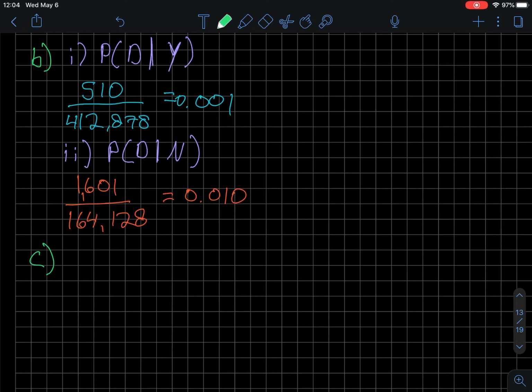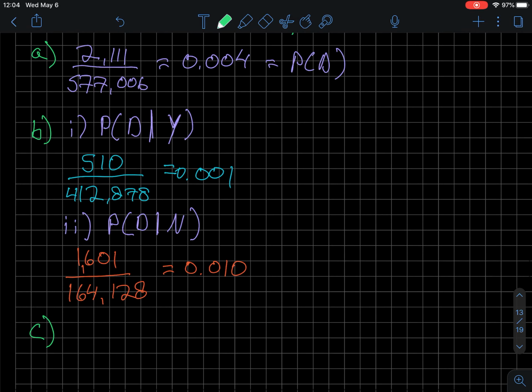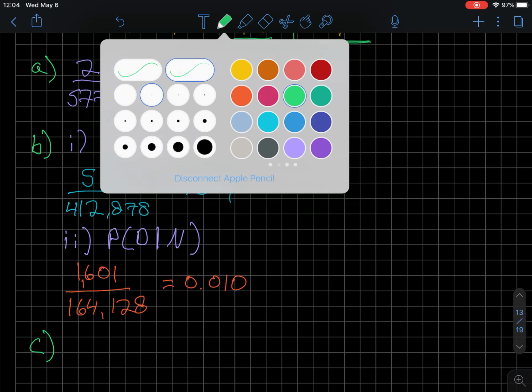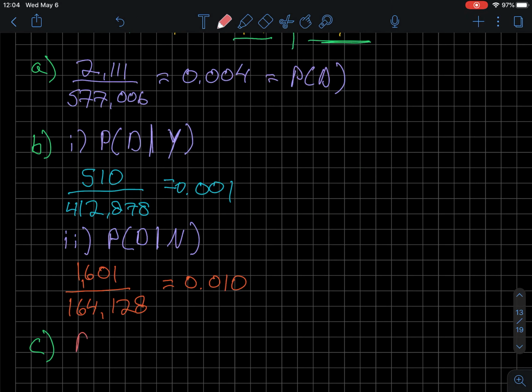Are the events of dying and wearing a seatbelt independent? Justify your answer. So what is this asking us? If we look at death, we'll use a different color real quick. We know that the probability of dying, period, is equal to 0.004.